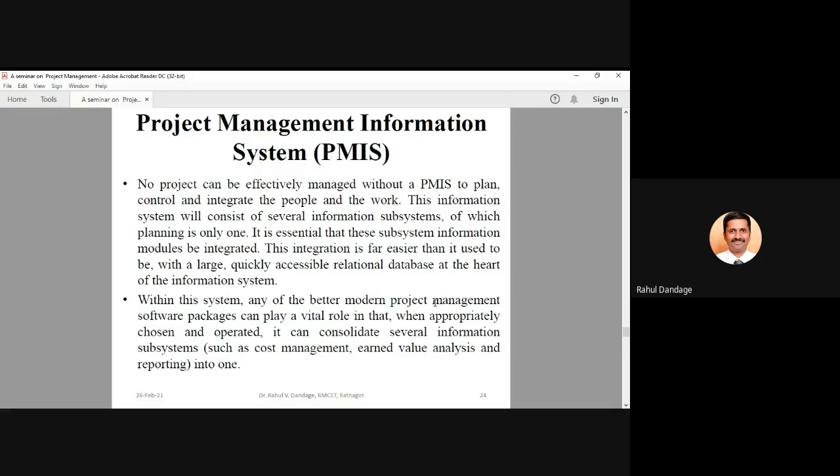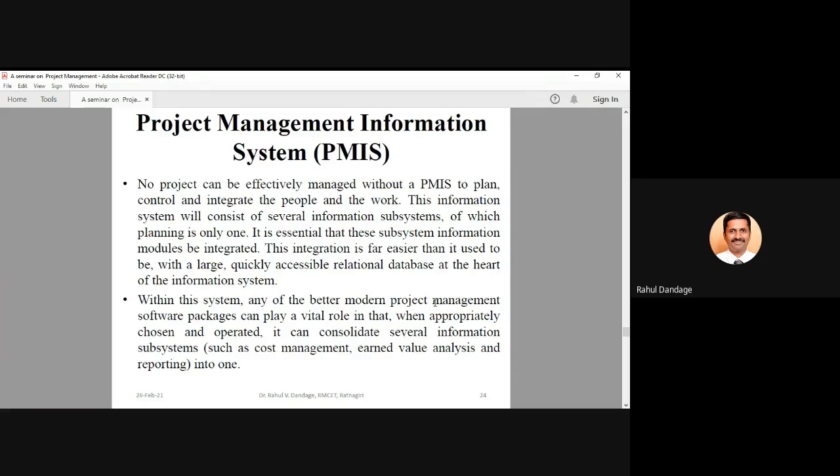So for all this, it is essential that the project management information system must be very strong within that project organization. This information system will consist of several information subsystems, of which planning is only one. It is essential that these subsystem information modules must be integrated. This integration is far easier than it used to be, with a large, quickly accessible relational database at the heart of the information system.